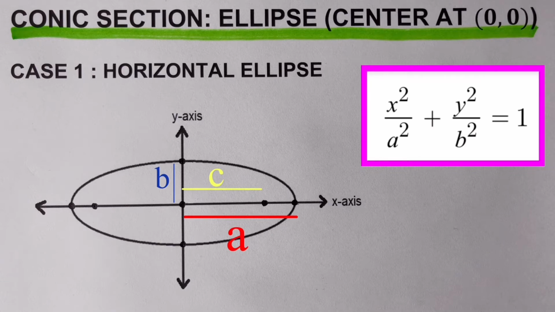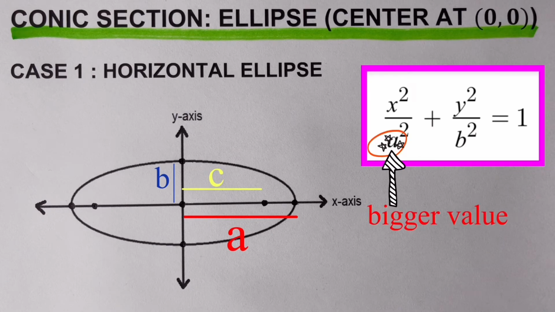Notice that our a is the longer value, because this is half of the major axis, which is the longer diameter. Our a is the denominator of x squared. This means that if the denominator of x squared is bigger compared to the denominator of y squared, we can come up with a horizontal ellipse.